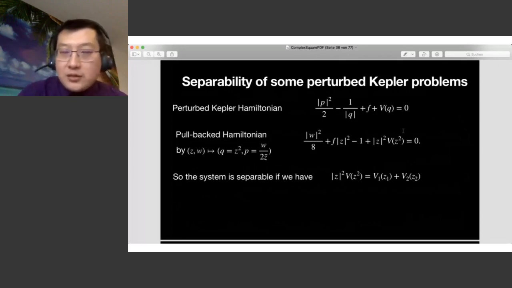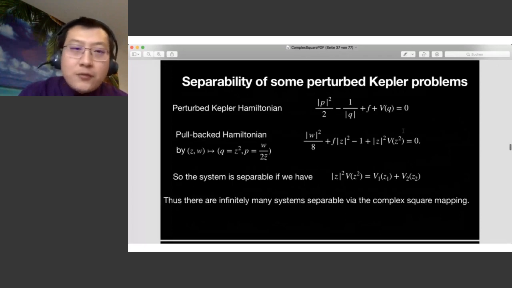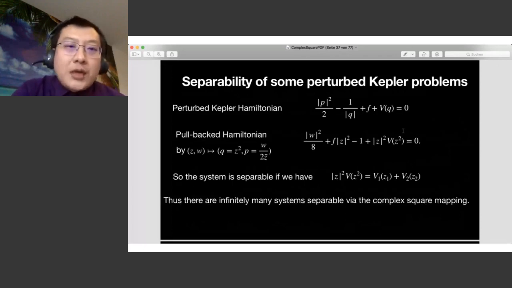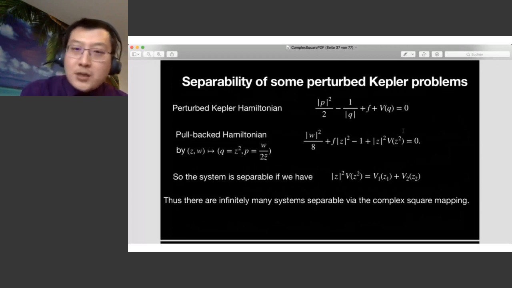It's very simple. You add it and then the system is separated. So here one may essentially choose V1 and V2 arbitrarily. And therefore, there are infinitely many systems which are separable via this complex square mapping.